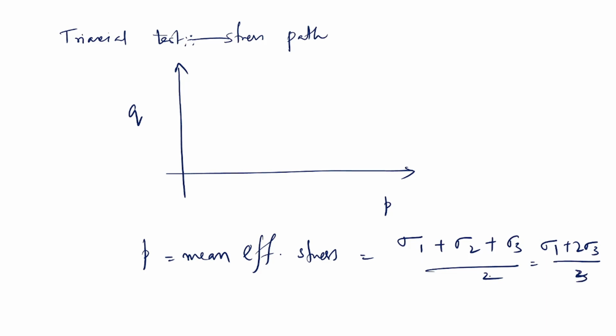Sorry, it's 3. It's the mean of those three stresses. And the other one, Q, is sigma 1 minus sigma 3. Now this is the stress path space, PQ: P is the x-axis, Q is the y-axis.